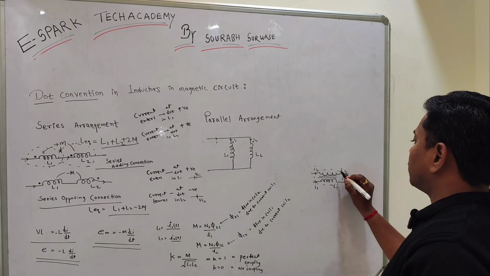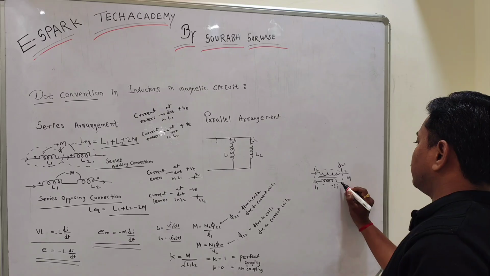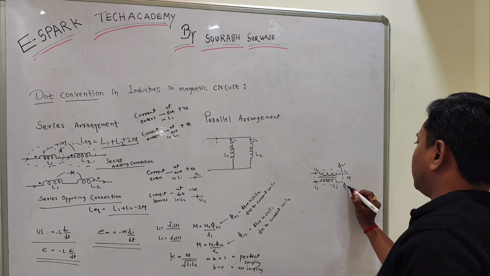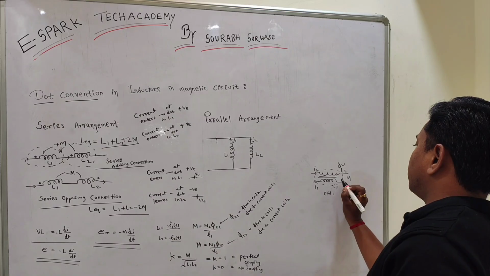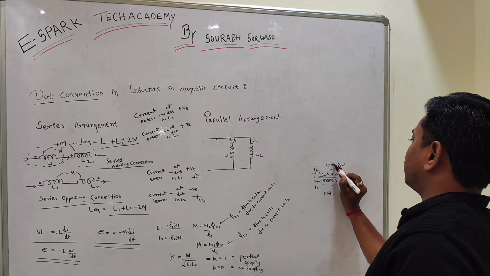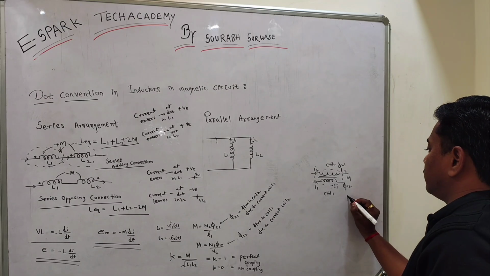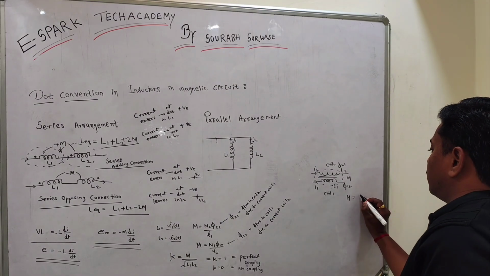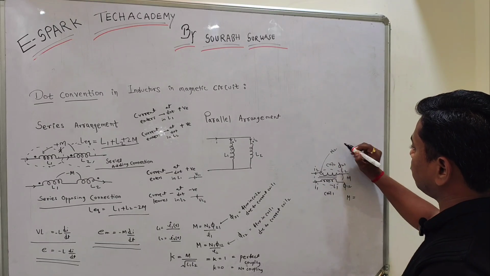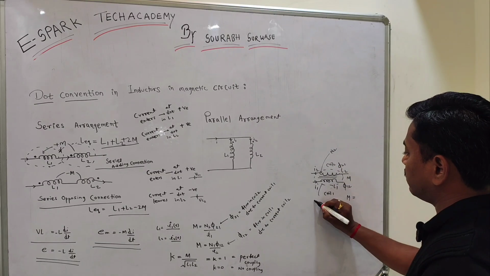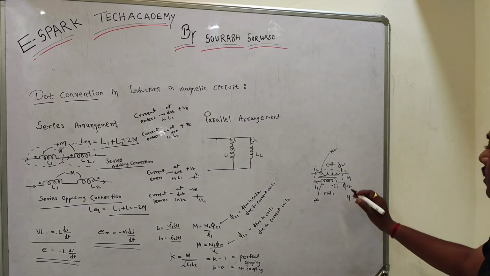I1 will be producing the flux Phi21, and here the flux Phi12. This is coil 1, this is coil 2. Accordingly, the number of turns of the coils are N2 and N1.